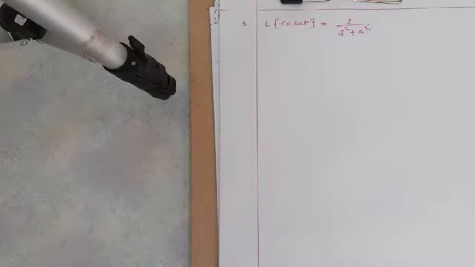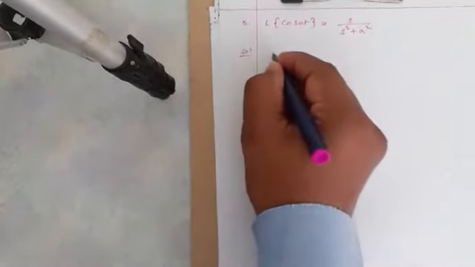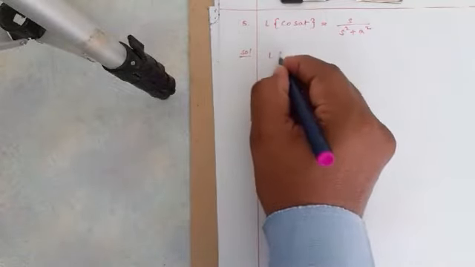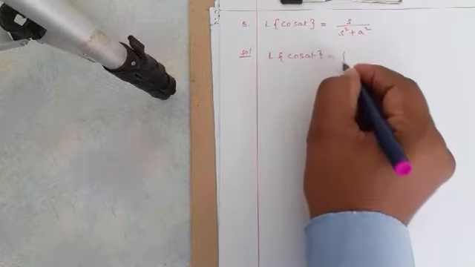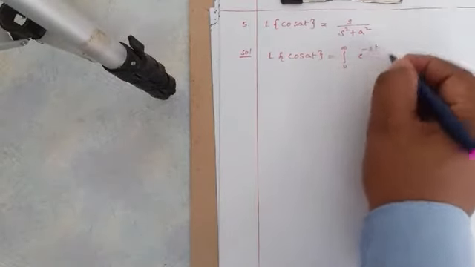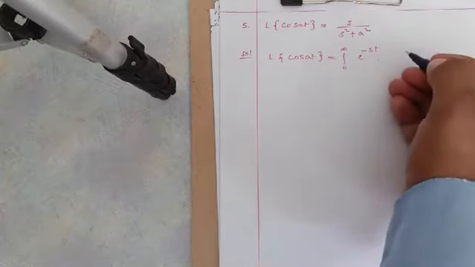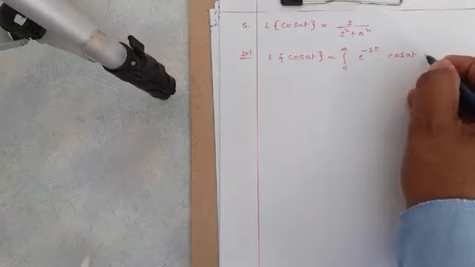Now for finding this, again we use the definition. By definition we write Laplace of cos at is equal to integral 0 to infinity e^(-st) into cos at dt, because f of t is cos at.